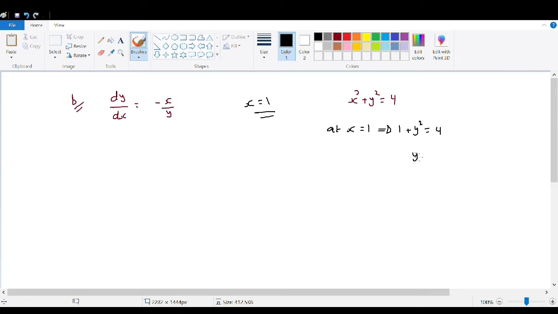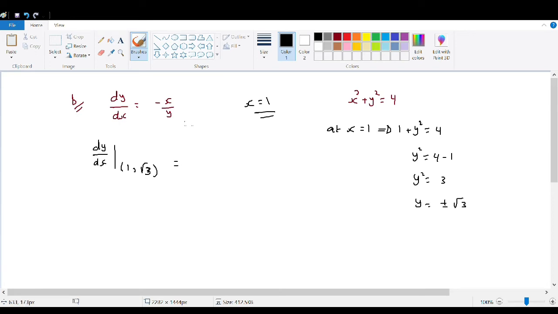So y squared equals 4 minus 1, so y squared equals 3. That means y equals plus or minus root 3. So dy over dx at the point, the first one is 1, then the second one is root 3.